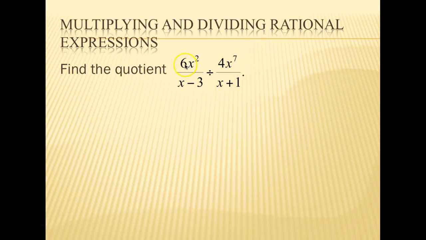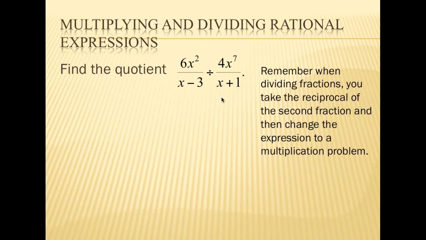I'm going to convert this to multiplication by saying this fraction times the reciprocal of this fraction. So notice what I did here. I took this fraction and I found the reciprocal, which would be x plus 1 over 4x to the 7th.